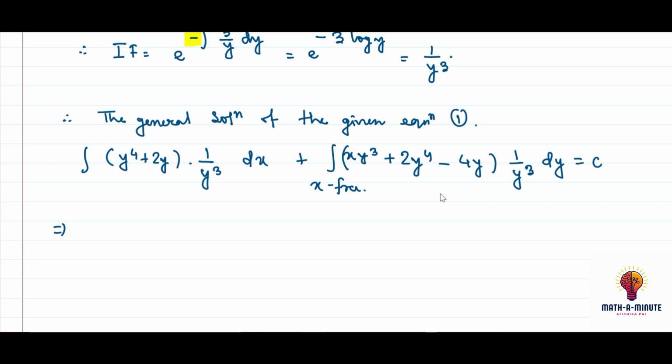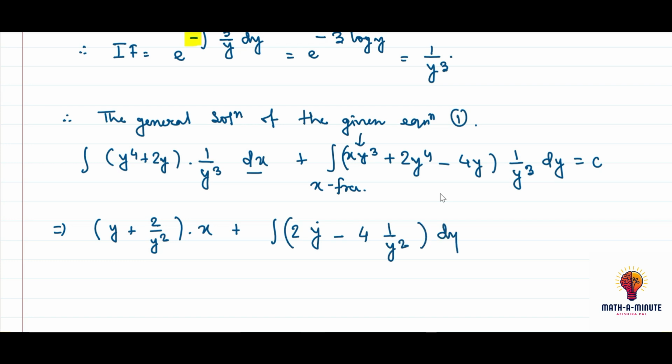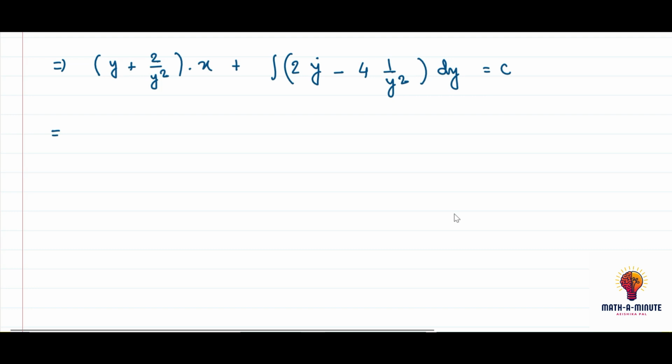So you can directly write this in the form of y plus 2 by y square, into x, plus, we don't have to calculate the first term, but for the next term it will be 2 into y only minus 4 into 1 by y square, dy equals c.